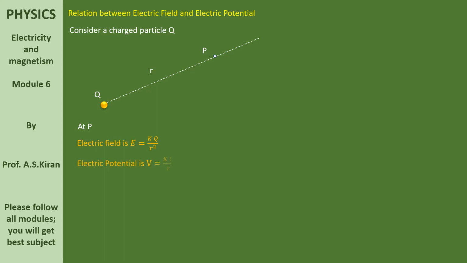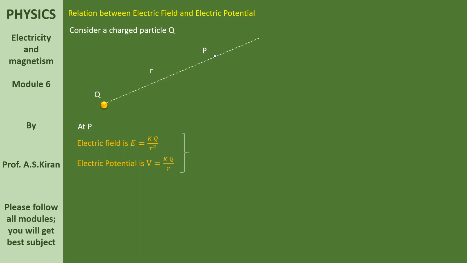Similarly, the electric potential V is equal to kq by r. That also was proved in the earlier modules, and we are using them as formulae now. Electric field E is kq by r square, and electric potential V is kq by r.